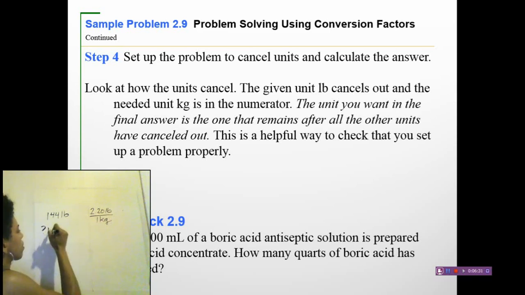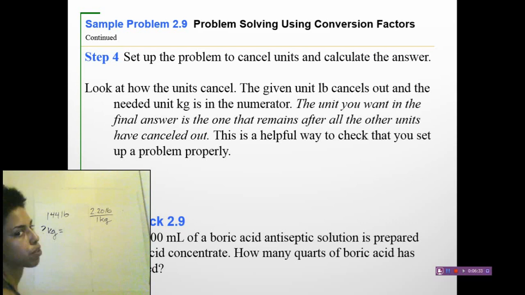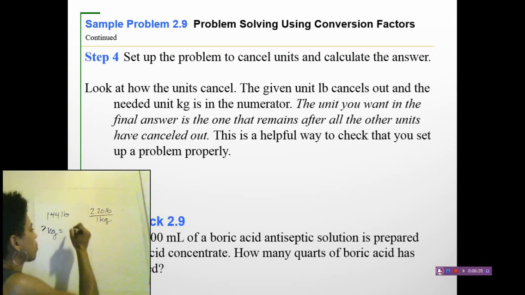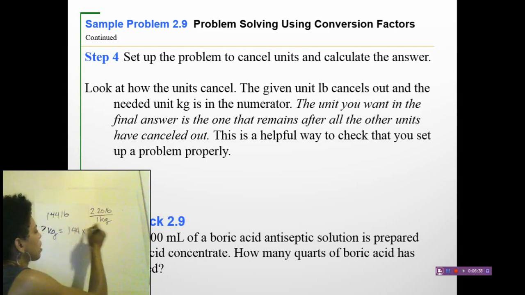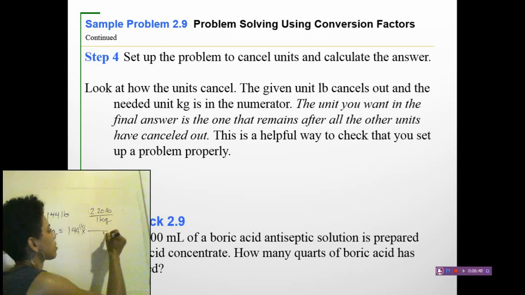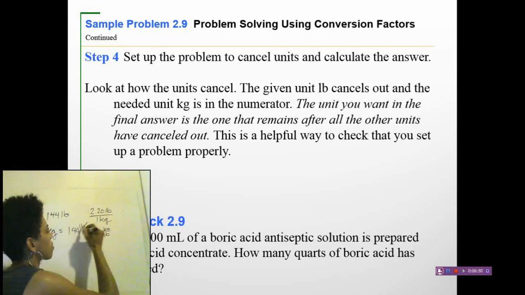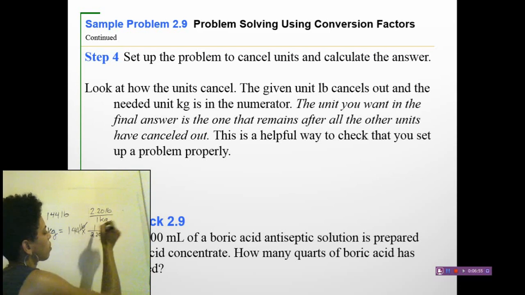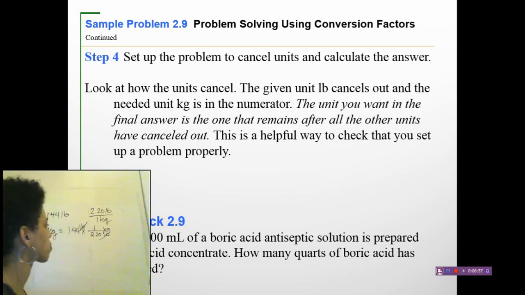So we want to know how many kilograms are in 144 pounds. You always start with what you're given, and we're going to write pounds. And you write your conversion factor so that you're able to cancel out your units. So you want your pounds on the bottom and your kilograms on the top, so your pounds will cancel. So that's 2.20, and then that's 1.